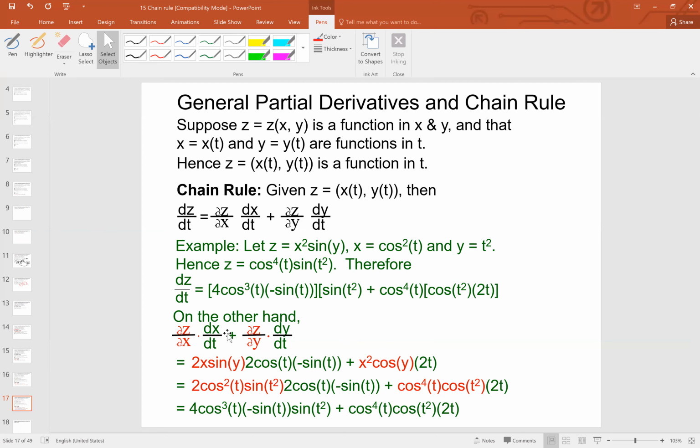Now, in general, you can think of all this composition, and here x might instead be a function in s and t, and then s and t might be functions in u, v, w, and u, v, w might be functions in something else, and so on. How do we keep track of the variables, and how do we take partial derivatives with respect to the end result?